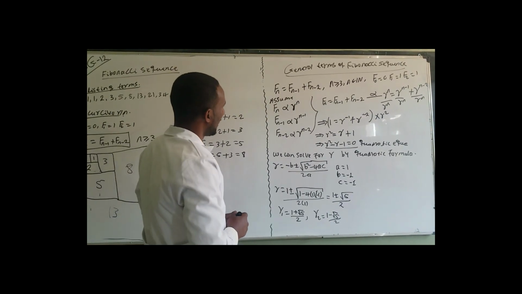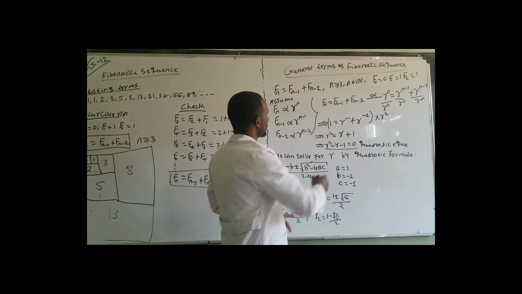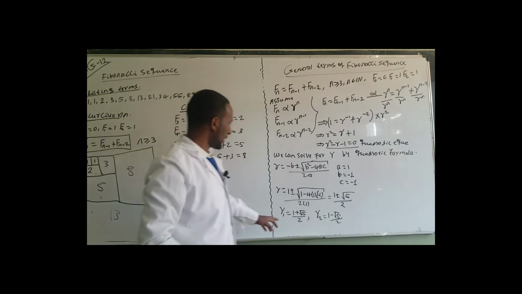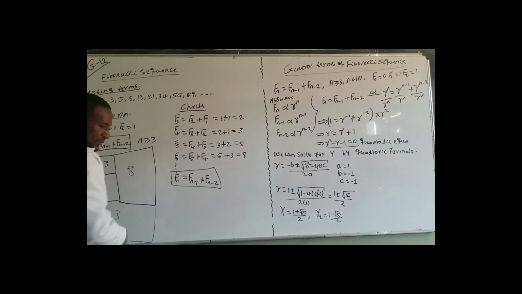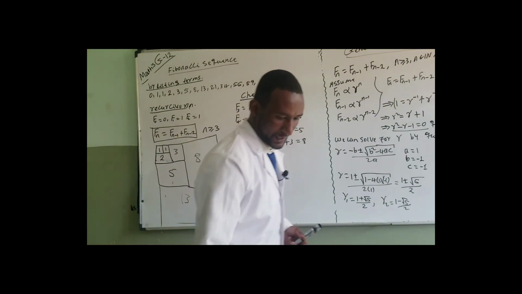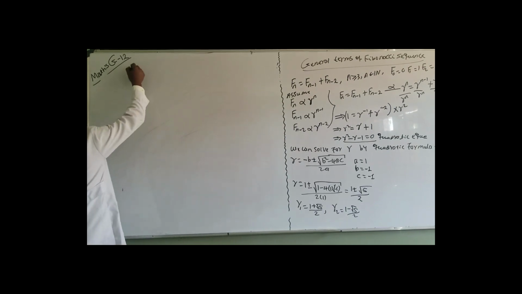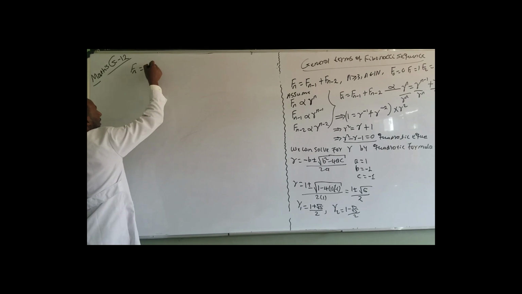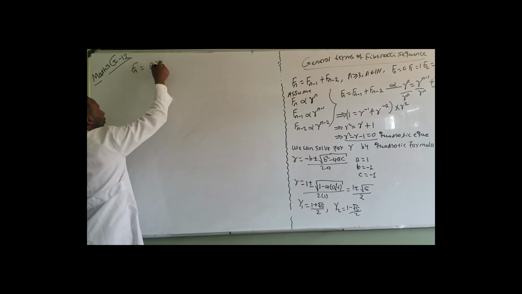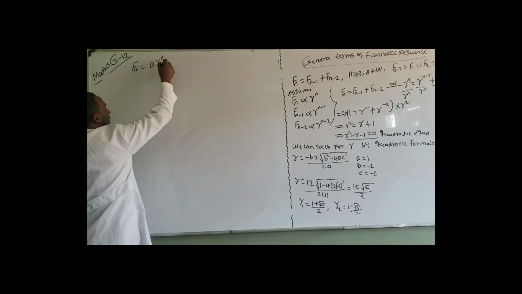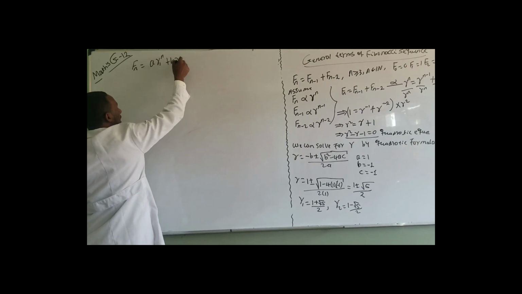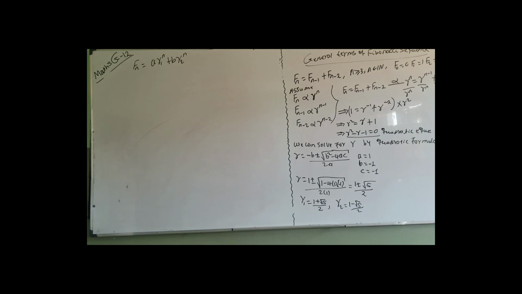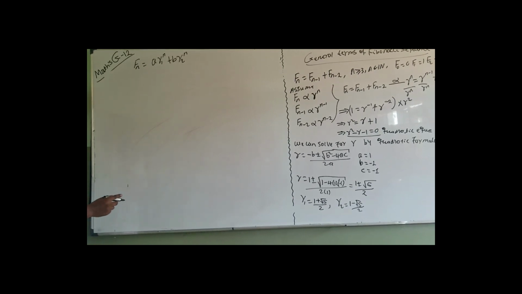Then for this root 1 and root 2, let us see f of n. Then f of n is equal to a times r1 to the power of n plus b times r2 to the power of n, where we take a and b as constants of proportionality.